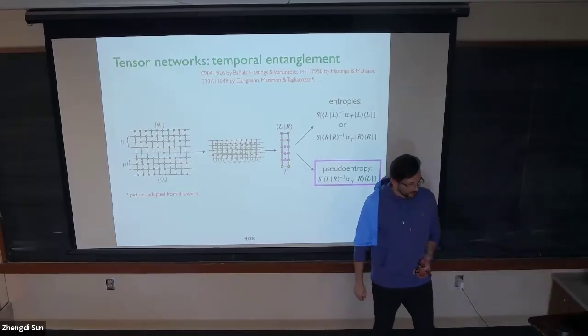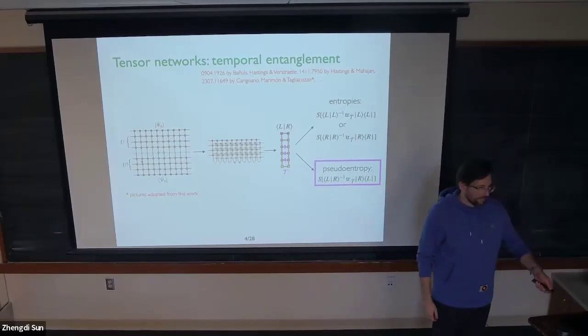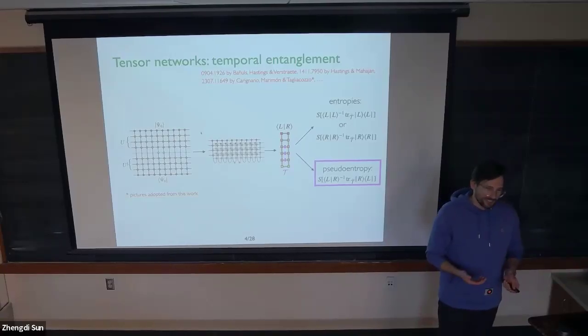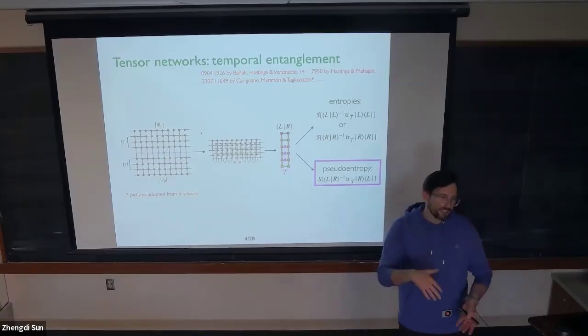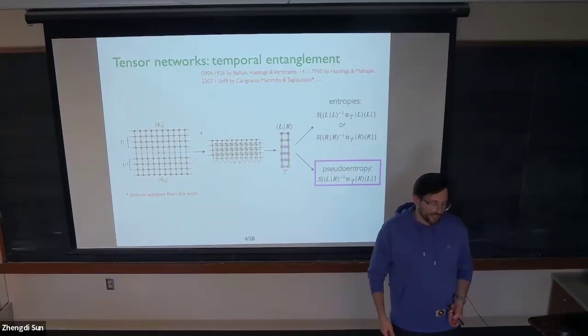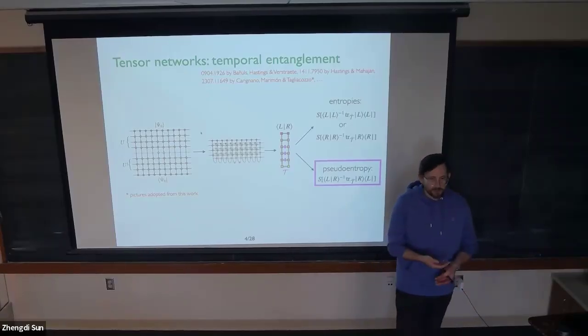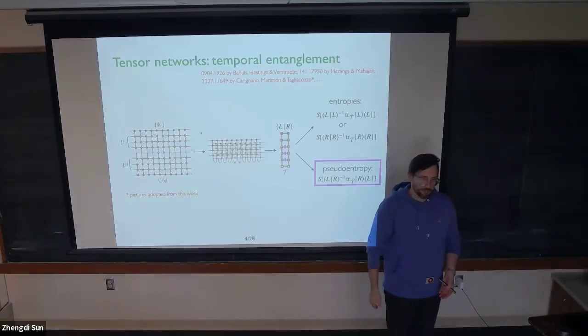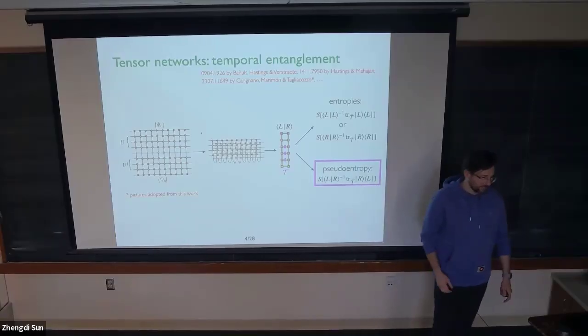But the problem with this is that if you add these layers of unitary time evolution, you have to enlarge the size of the matrices that represent your state. At some point, these matrices get so big that there's no way of storing them in your computer with a finite memory. That's the so-called problem of entanglement growth under a non-equilibrium time evolution in quantum many-body physics. But it's a doable thing, and for short durations you can do this.